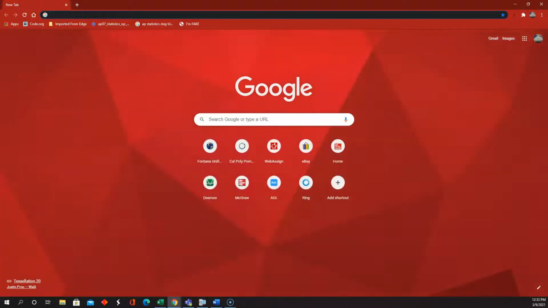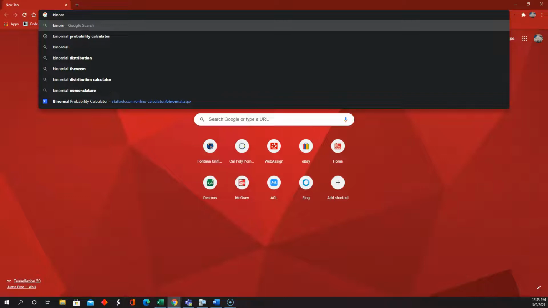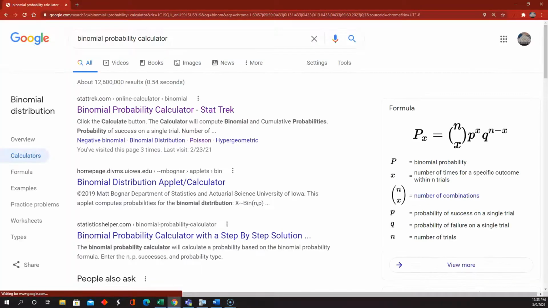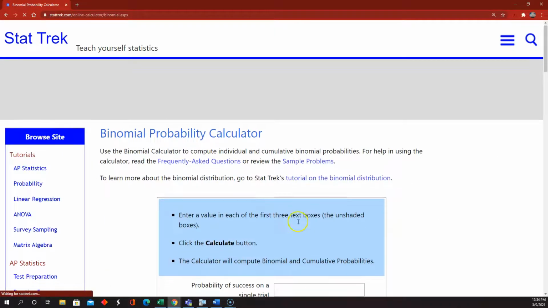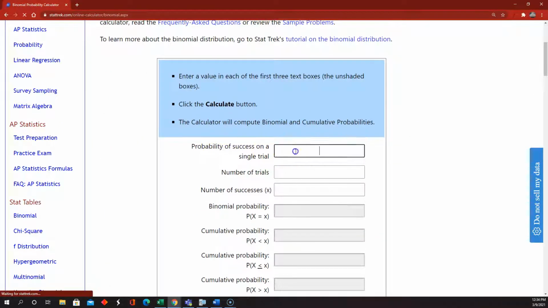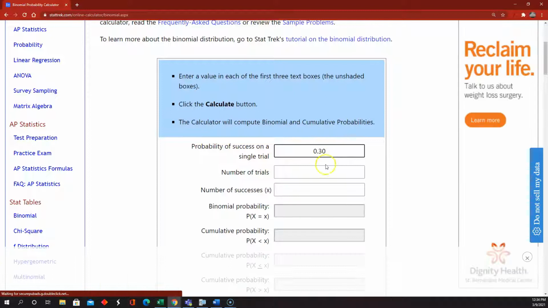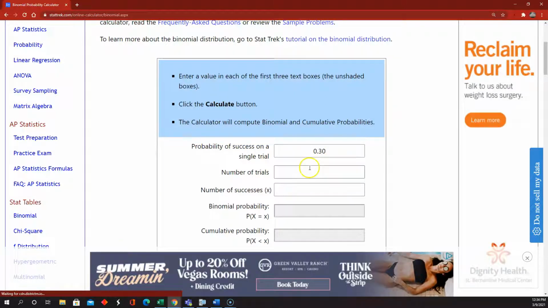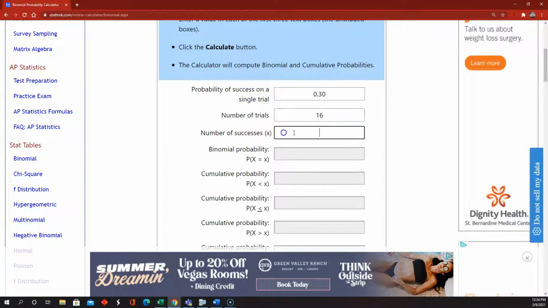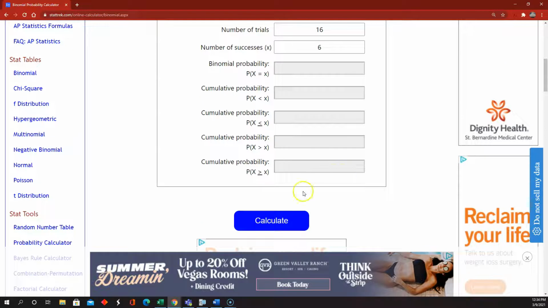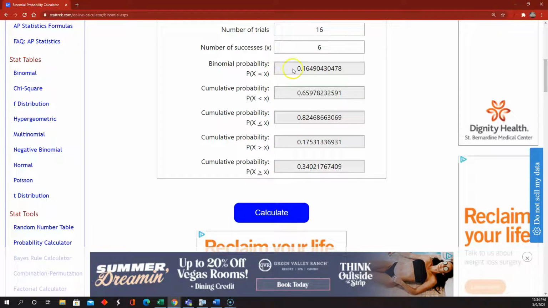Also, there's any number of binomial probability calculators online. The probability of success, 0.30, the number of trials, 16, and the number of successes that we want the probability of is 6, and calculate, and it tells us there's the 165, which is the probability of 6.